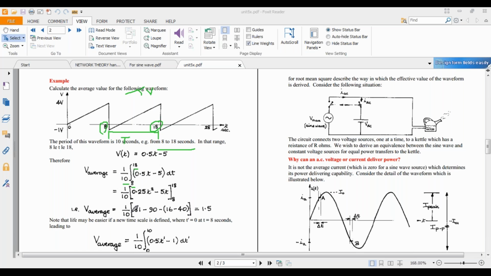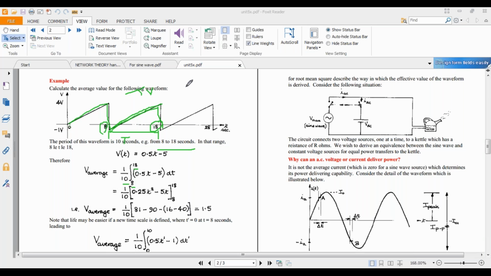1 by T, integration with limits 0 to T, and the equation of this triangular waveform is to be found out here. This is a straight line, right? The slope can be calculated as 0.5.